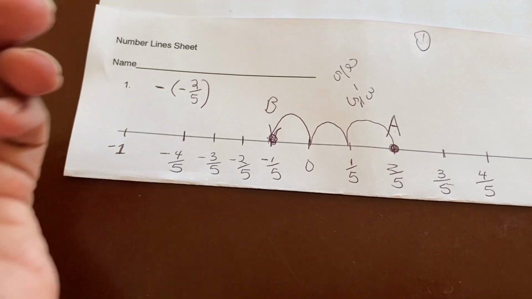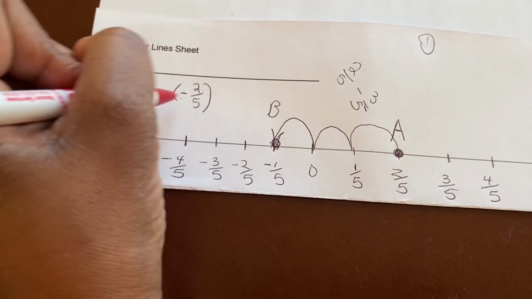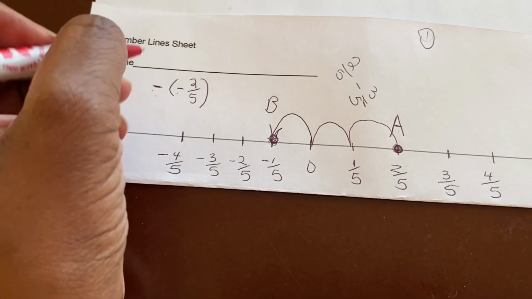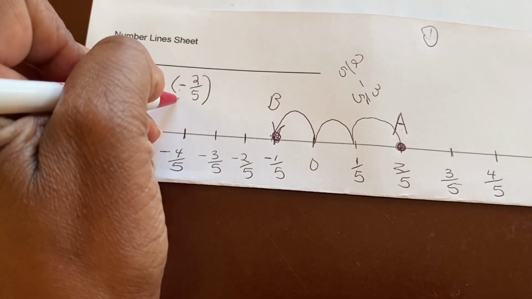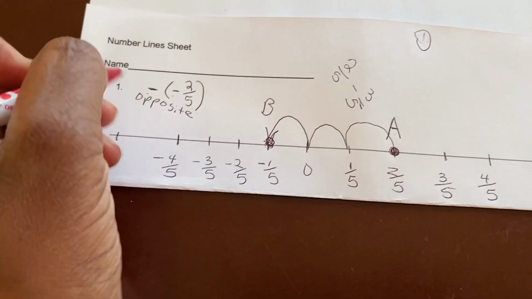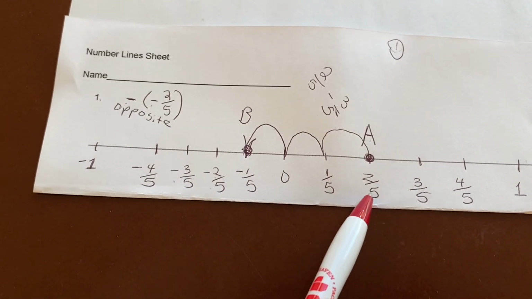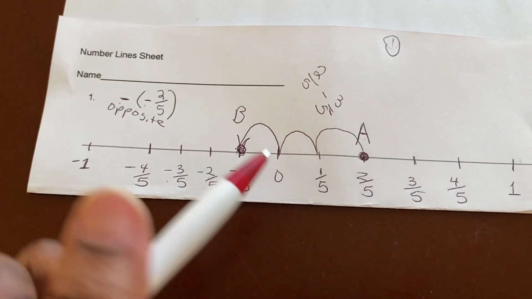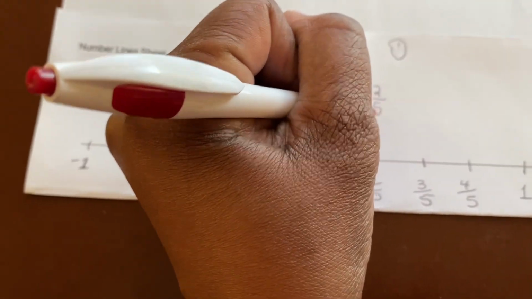Write this on paper. -2/5. That first negative sign is going to mean the opposite. So what is the opposite of -2/5? It is +2/5.